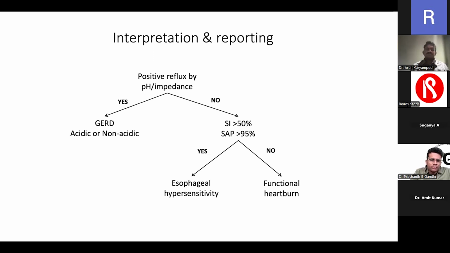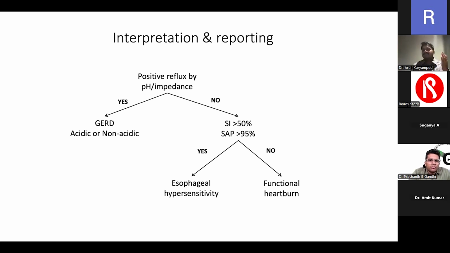So as I told you, you look at two parameters, symptom index and symptom association probability. If symptom index and symptom association probability are significant, then the patient has esophageal hypersensitivity. But whenever they are not significant, then the patient has functional heartburn. So when you do a pH, you basically come up with four kinds of final diagnosis or interpretation.